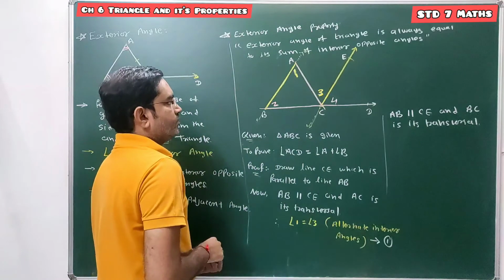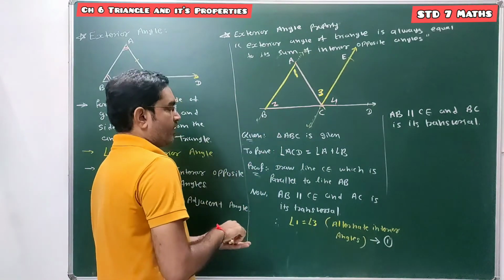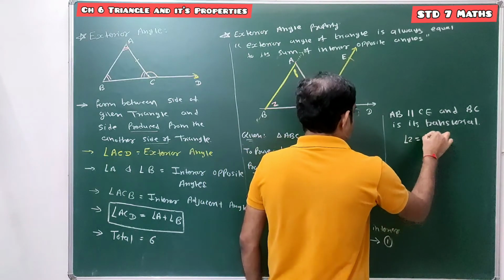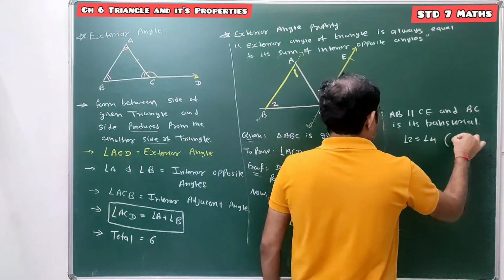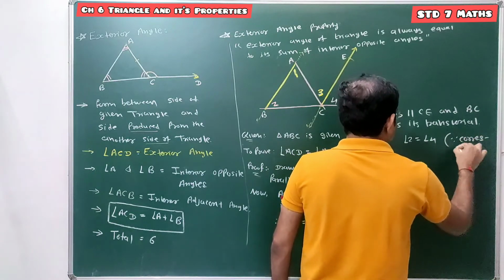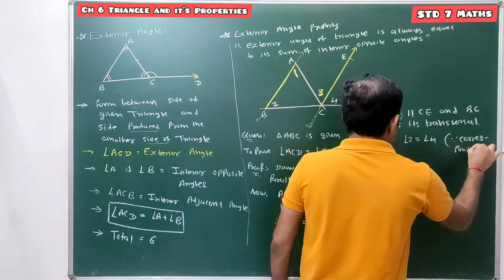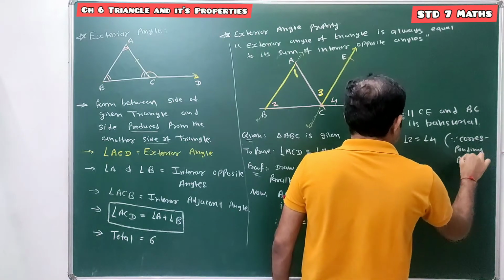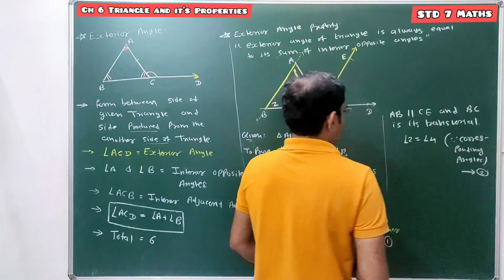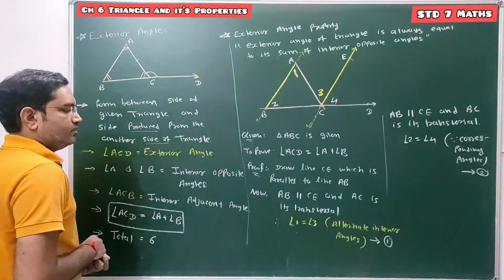Done. So here angle 2 and angle 4 are corresponding angles. Corresponding angles are equal. So angle 2 equals angle 4, and the reason is corresponding angles. Call this result 2. Done.